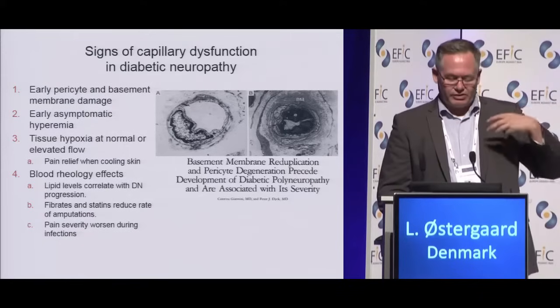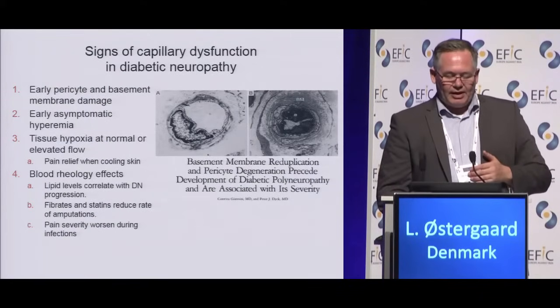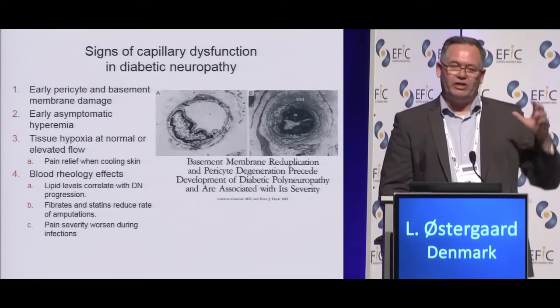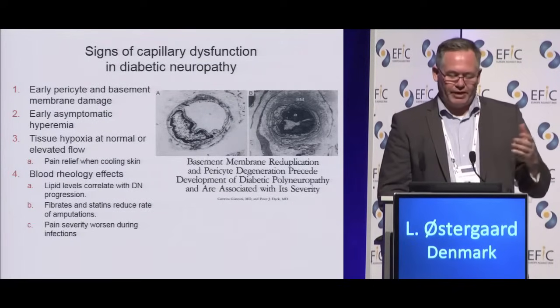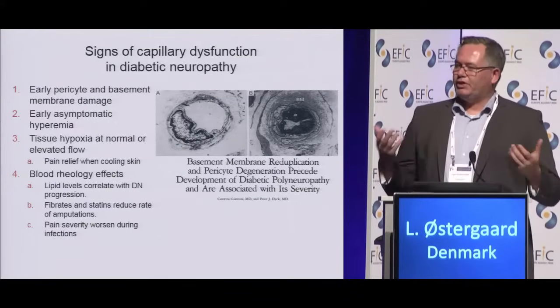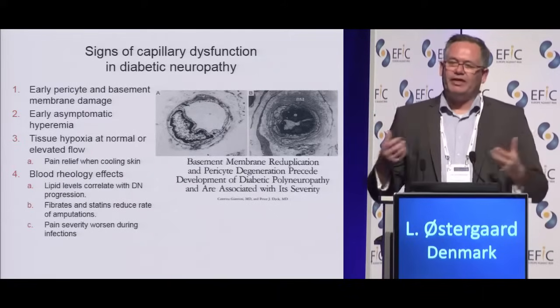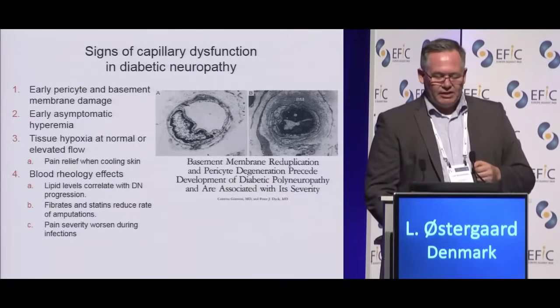That's when tissue can still compensate. You also see this paradox where symptom relief can occur when you reduce flow, for instance, by cooling the skin. And then what is very characteristic of capillary dysfunction is that changes in blood viscosity can affect disease severity, so for instance, something like hyperlipidemia.